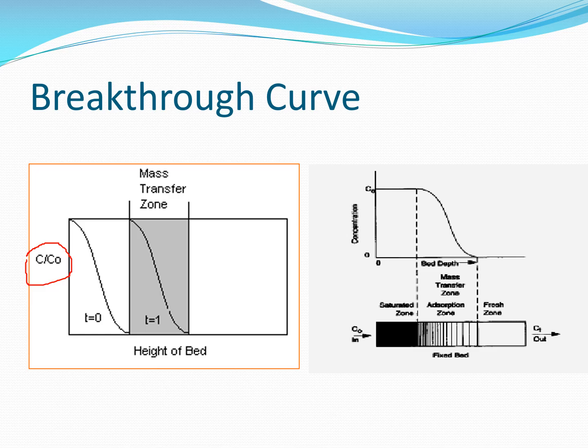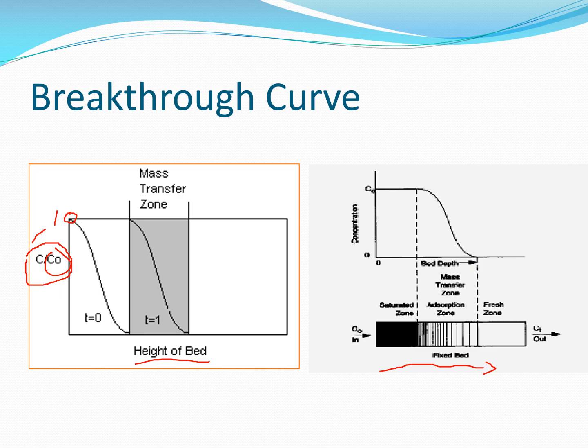So this is also another curve. On the x-axis we have height of bed. Height of bed means this is the bed length, and this is C by C naught. C naught will be fixed. That's the entering concentration at time 0, and C will be changing. So at start time 0, C will be equal to C naught.